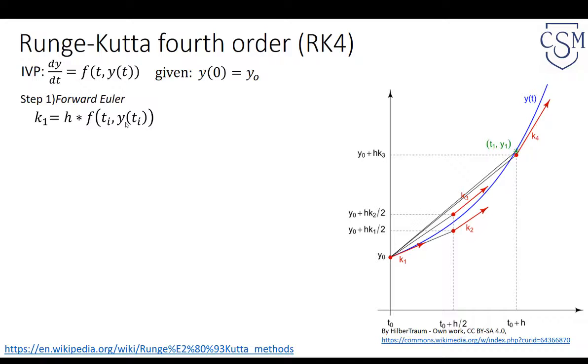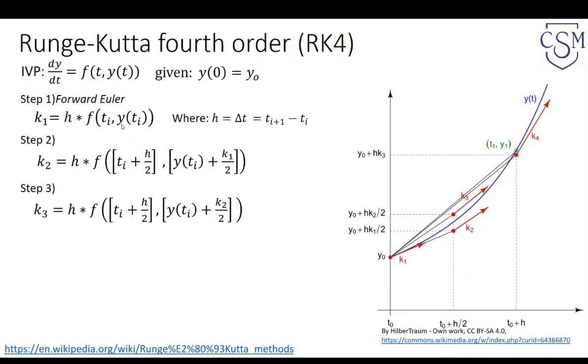Then in the second step, we calculate a new value, k2, which is h times f of ti plus h over 2, so half of the time step, and y of ti plus k1 over 2. So we plug in our k1 here.